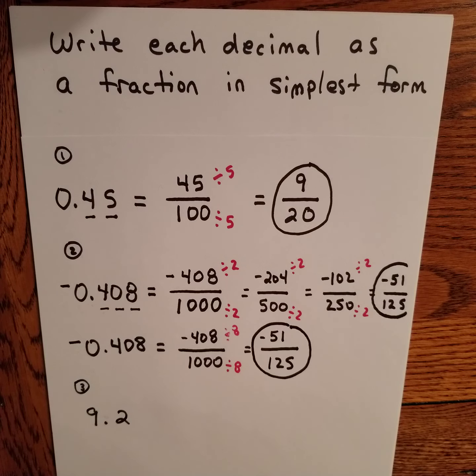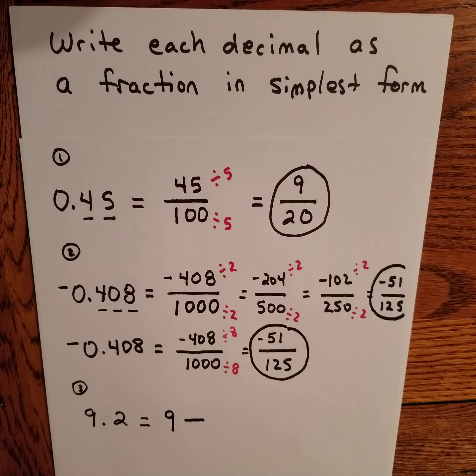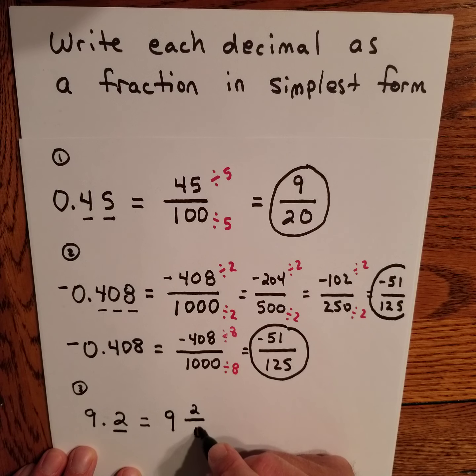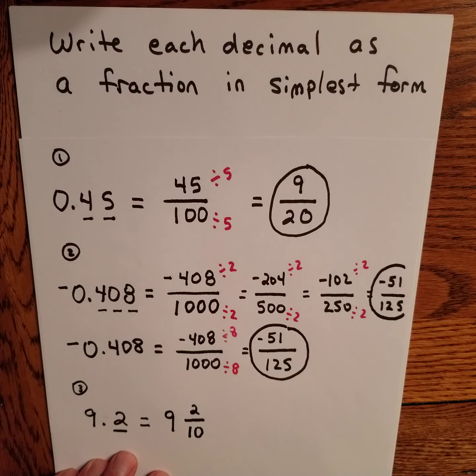On number 3, I have 9.2. Let's rewrite that as 9 then a fraction. To change 0.2 into a fraction, put the 2 in the numerator, and notice that there's one place value to the right of the decimal point, which means 1 zero in your answer.